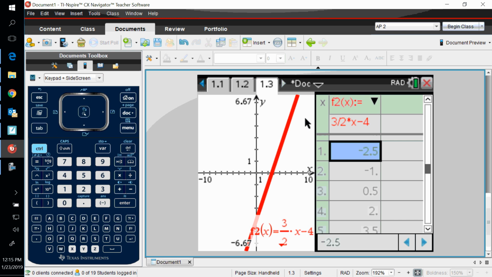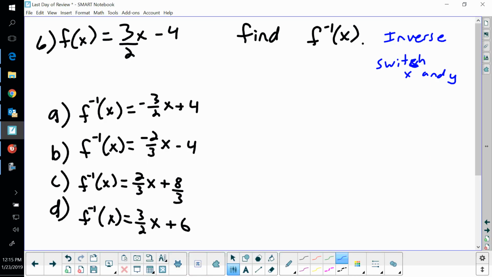So 2 that are there, we have (2, -1) and (4, 2). So our inverse should have those points switched. So we just flip-flop the x and the y. And then we would just test each of these to see which one has it in their table.